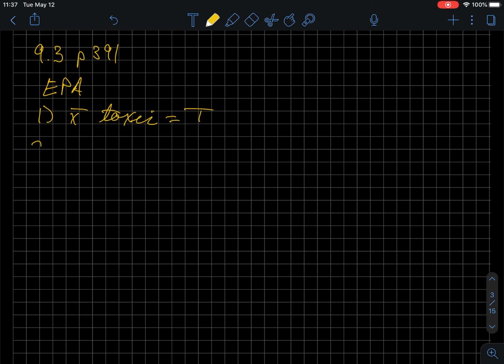Statement 2 is that the average toxicity is greater than T, the threshold. And then we also have statement 3, that the average toxicity is below T, the threshold, right? So that's more or less what we're saying.